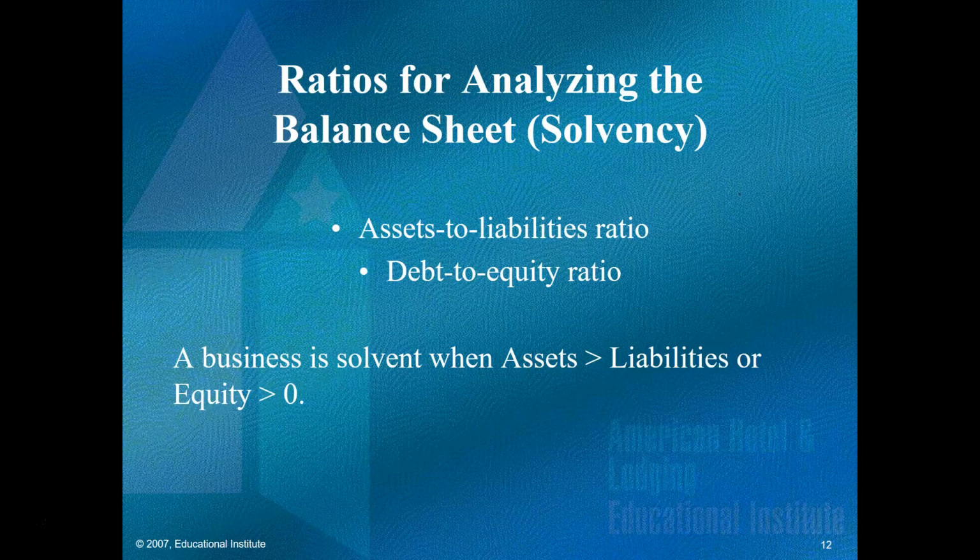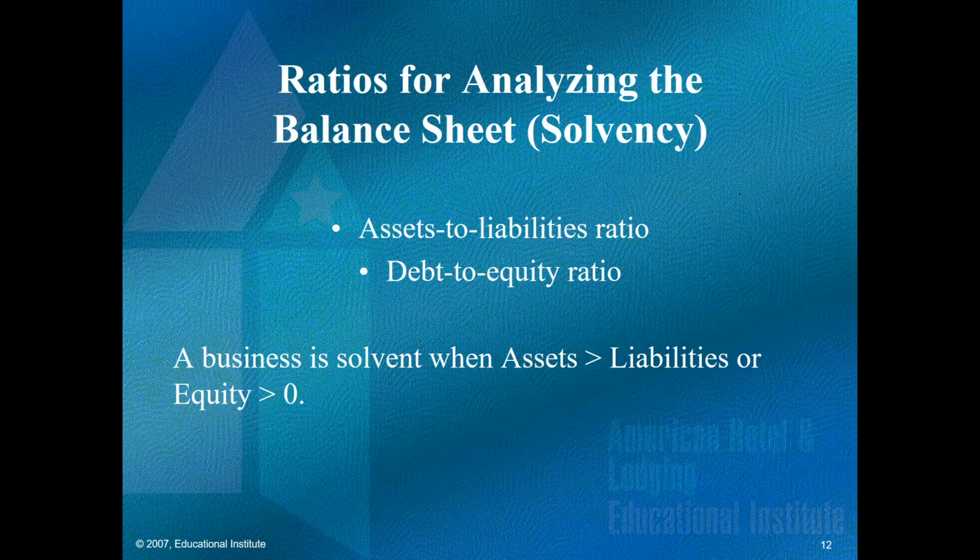So, again, those previous four ratios are asset management, okay? How well are we collecting? How well are we selling? How well are we investing in our fixed assets to produce revenues? This next group is just two ratios, and now we're down to solvency.